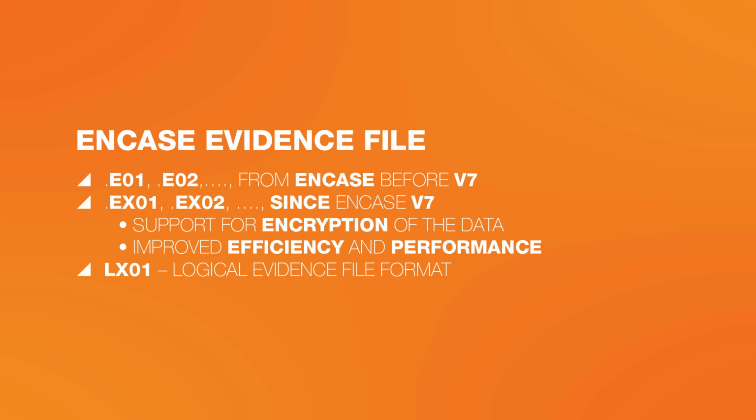EnCase can also create images for files and directories without including slack and deleted data. This type of image is called a Logical Evidence File format with the extension of .Lx01. Both Ex01 and Lx01 formats support compression and encryption of the data.